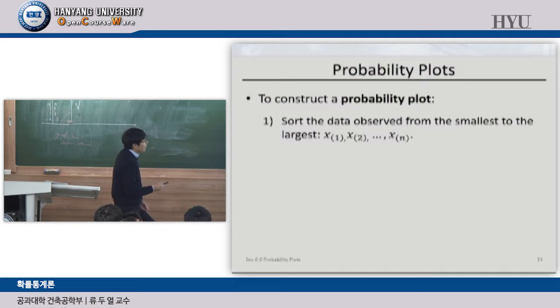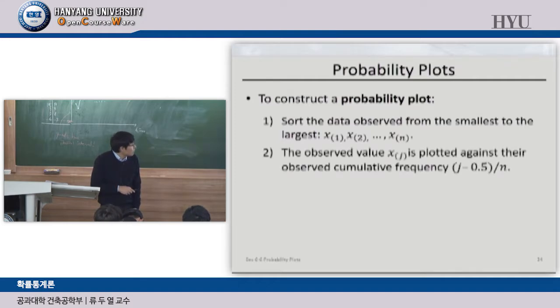So this means that x1 is the smallest value, okay? And xn is the largest value. And secondly, the observed value, xj, is plotted against their observed cumulative frequency. The cumulative frequency is defined by the following equation, (j minus 0.5) over n.